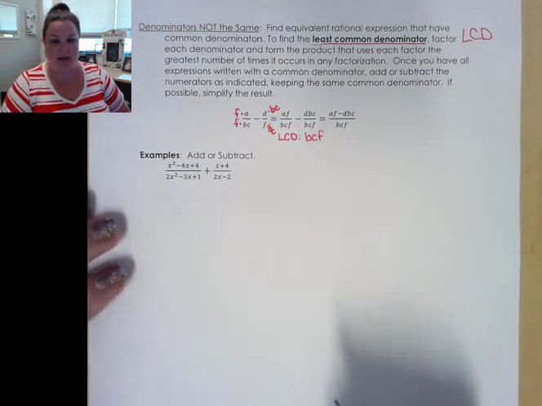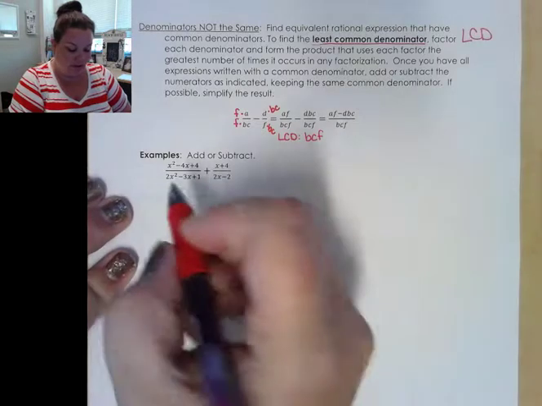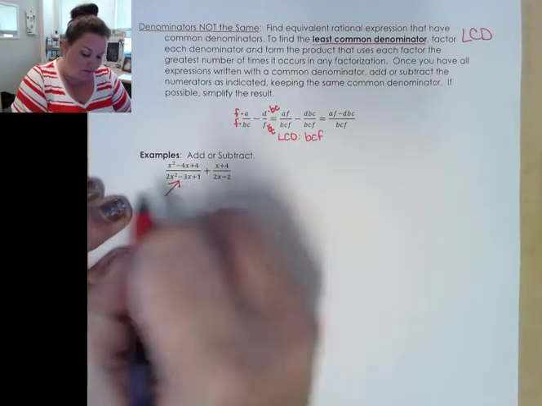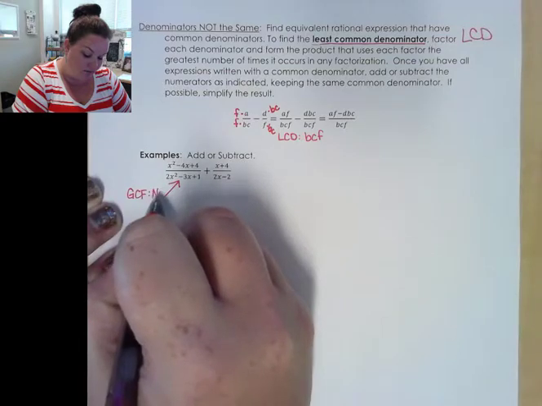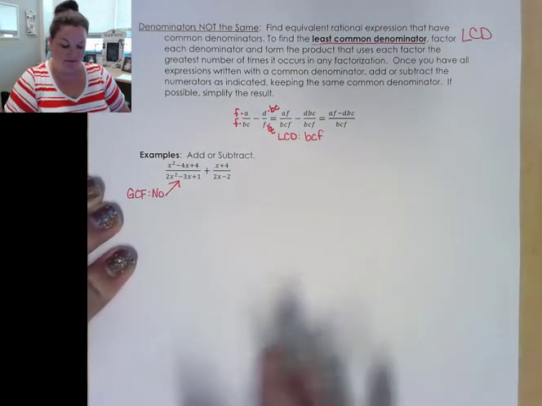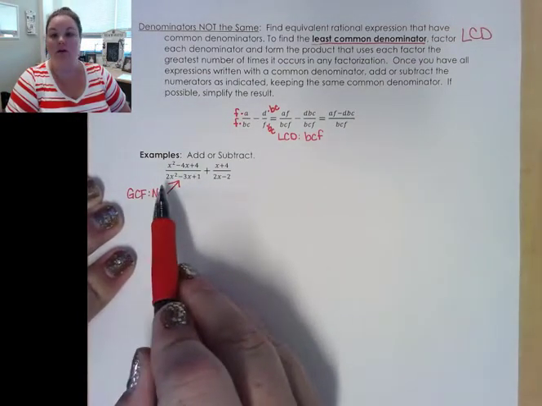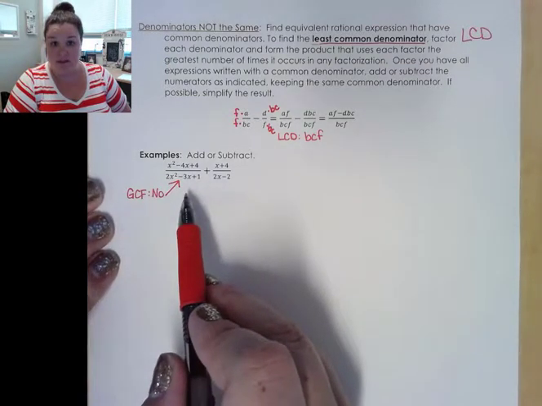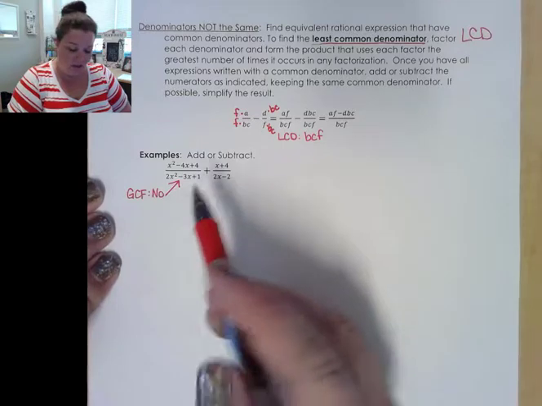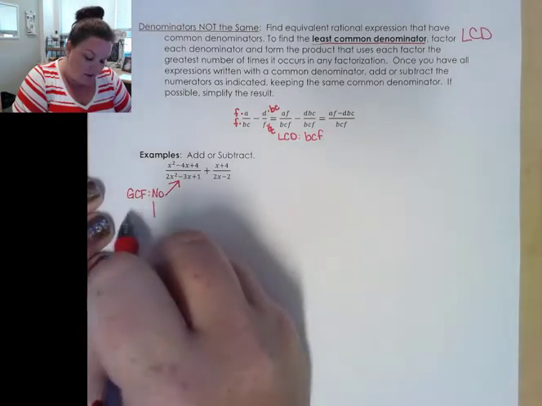Okay, so let's go ahead and look at this one. I always look for a greatest common factor first, and here I don't have one, because there are no numbers in common and no variables in common. Then I go into whatever factoring method I'm going to use. Here I have 3 terms, so I'm going to use the sum product chart.